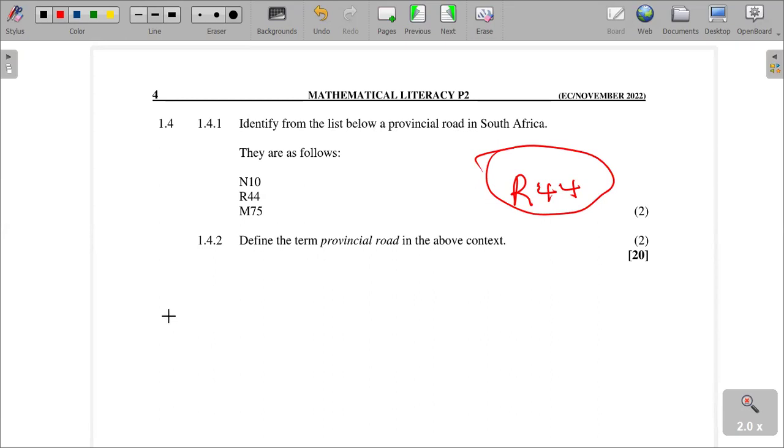And then define the term provincial road. A provincial road is a road that serves as a feeder to the national road.